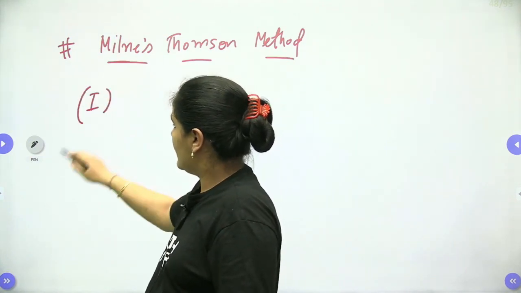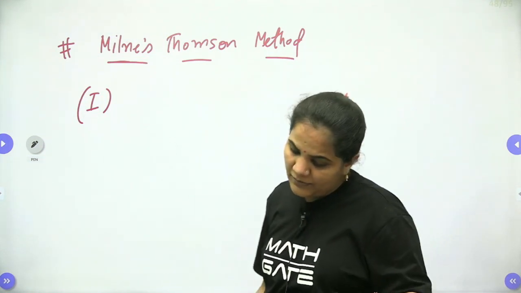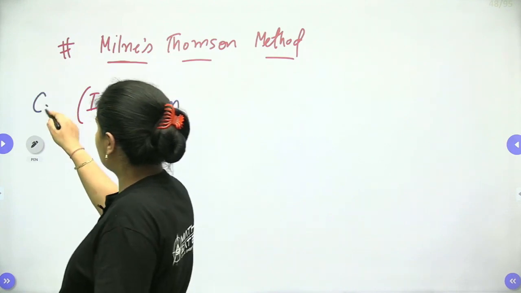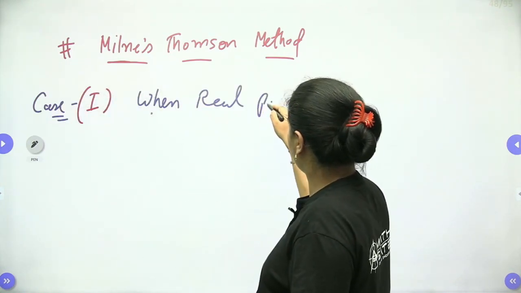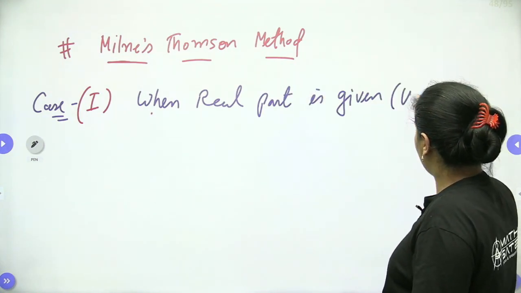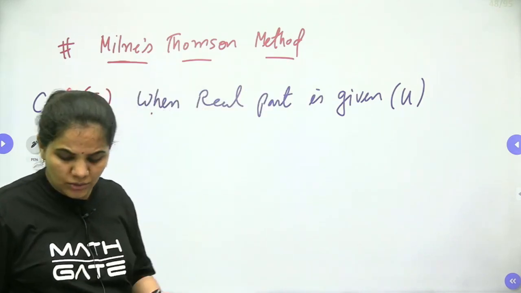For the first one, when we have the Milne-Thomson having two parts, when real part is given to you, so you can say this is case number 1. When real part is given, it means we have u, dear students.